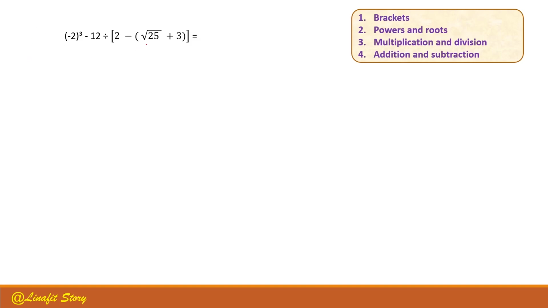So you must solve square root of 25 plus 3. The square root of 25 is 5. 5 plus 3 equals 8. And after that, 2 minus 8 equals negative 6.